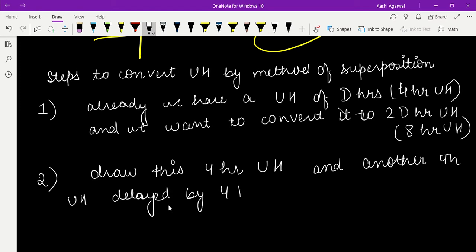That means to develop an 8-hour UH, I have to draw two 4-hour UH but not together. I have to delay it, because after the first 4 hours, again I am assuming that effective rainfall is continuing. Because an 8-hour UH means a rainfall which has continued in a catchment for 8 hours. So either you say a rainfall which has continued for 8 hours, or you say a rainfall first continued for the first 4 hours and that same rainfall continued for the next 4 hours. It's the same thing, right?